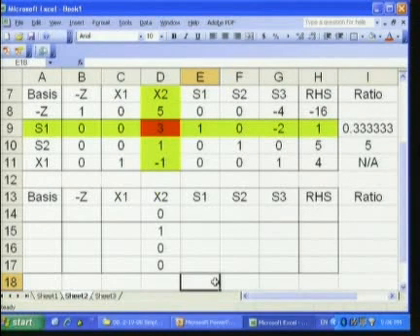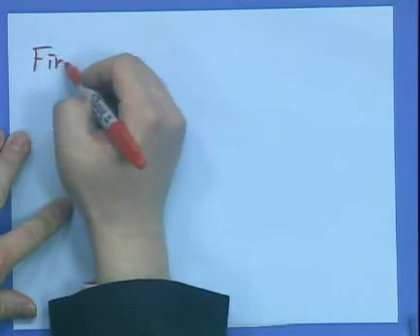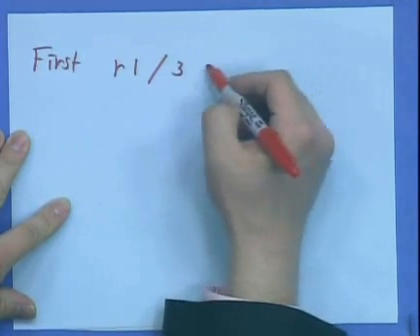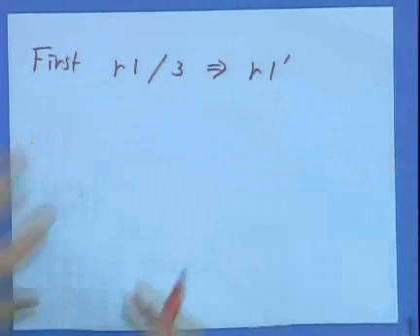Because the X2 variable becomes the basic variable. So first of all, the row number 1, this one, should be 1, right? So first, row number 1 should be divided by 3, right?